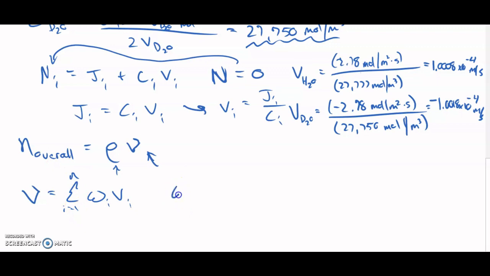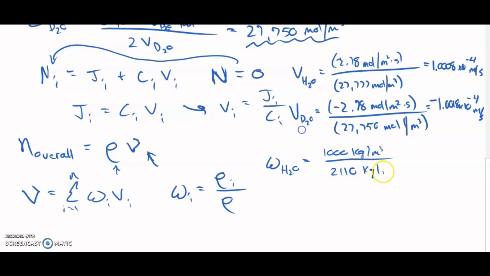And we know that the mass fraction is equal to the mass concentration of i over the total mass concentration, which we can break down to each component. So the mass fraction of water is equal to 1,000 kilograms per meter cubed over 2,110 kilograms per meter cubed.